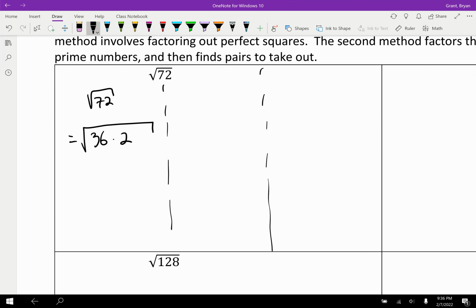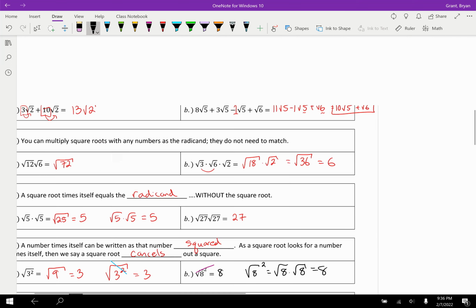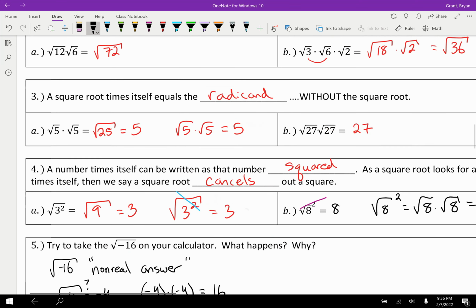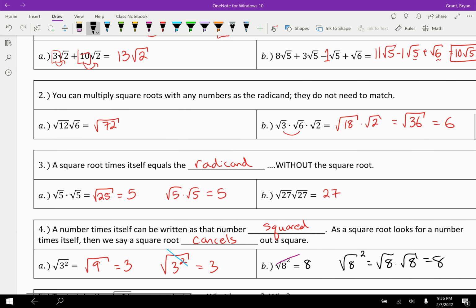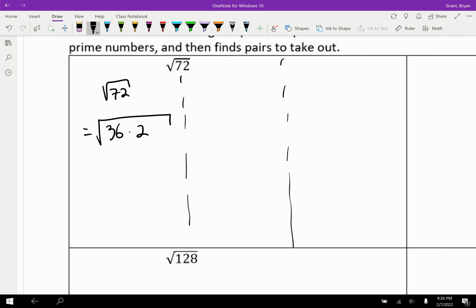Then we're going to use a fact, and I'm going to jump all the way back up over here, that when we had 2 numbers in separate square roots, they became one together. Same thing over here. 3 times 6 is 18, and so we're just going to manipulate that just slightly. The square root of 36 times 2 is certainly the same as the square root of 36 times the square root of 2. 36 and 2 gives you 72.